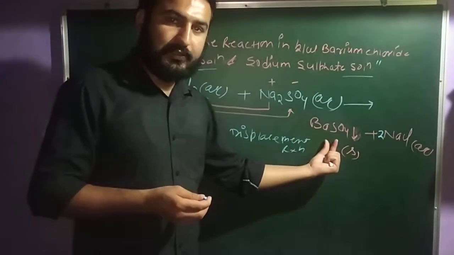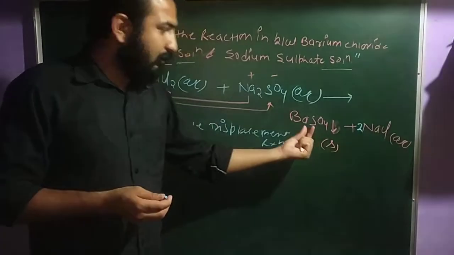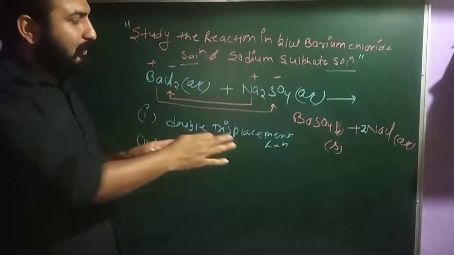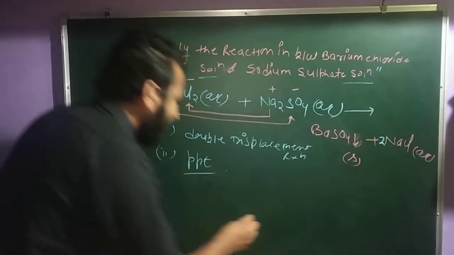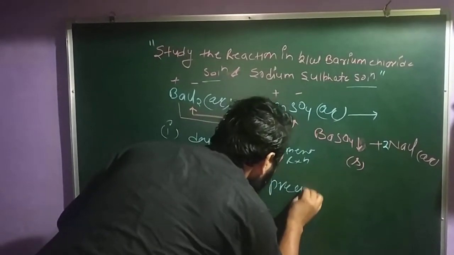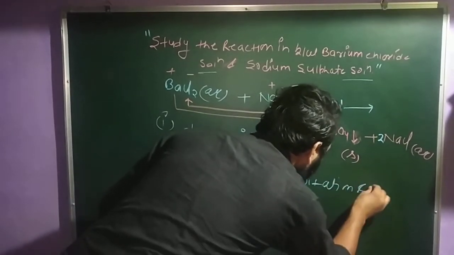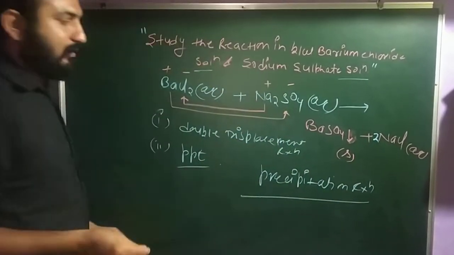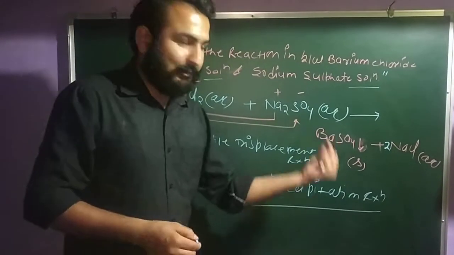This insoluble substance, this solid substance, is known as the precipitate, and this overall reaction is also called the precipitation reaction. You can write precipitation reaction. Clear? That means this reaction is also called the precipitation reaction.